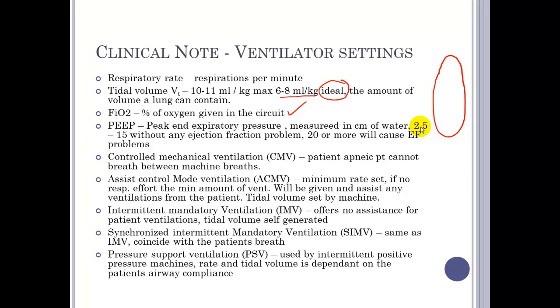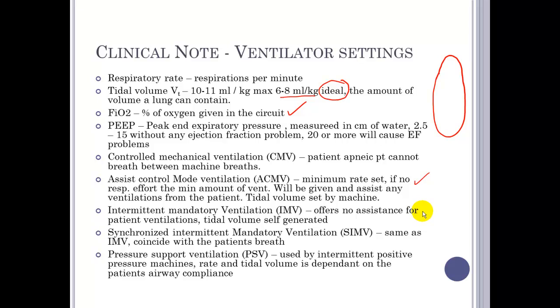The next one on our list, assisted control mode. Minimum rate is set. If no respirations occur within the time allotted, the machine delivers the minimum amount of ventilation. So you actually are going to have a setting on this thing that says this many respirations must be attained every minute.